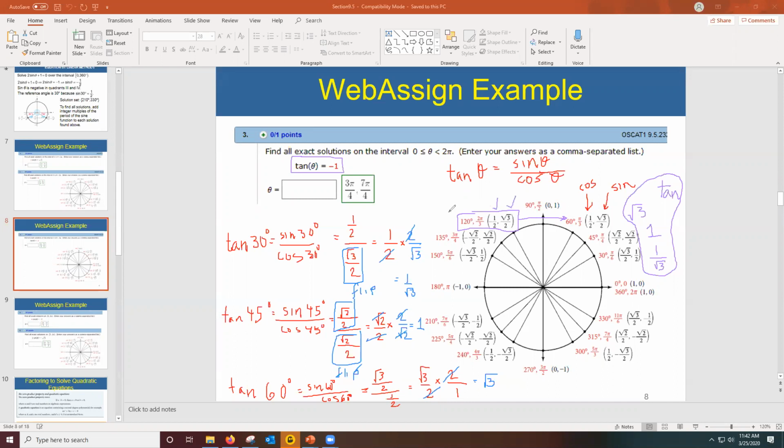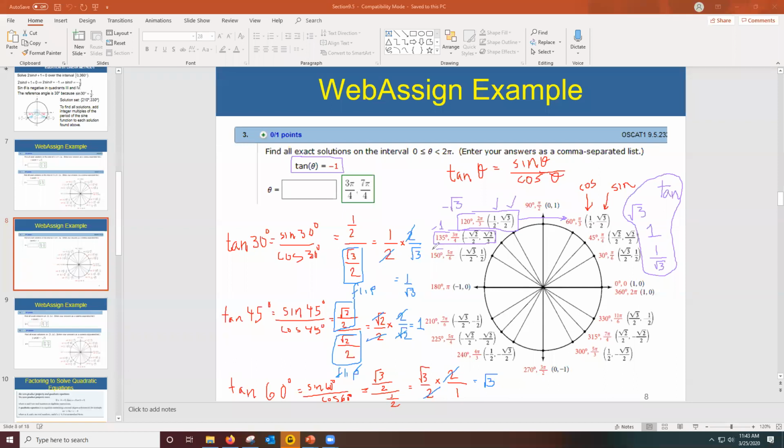So just looking at the sine and cosine of 120, I can see right away the answer here is going to be negative square root of 3. Let me go to tangent 135. Well, I could see for tangent 135, it's a quantity divided by itself, but it's going to be a positive divided by a negative. So I could see the tan of 135 is going to be negative 1.